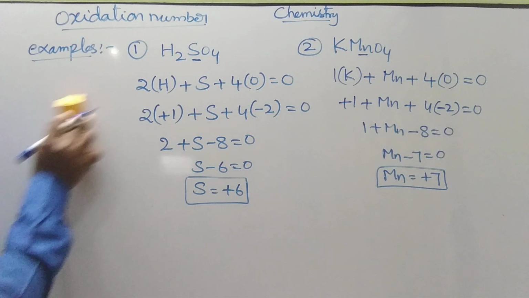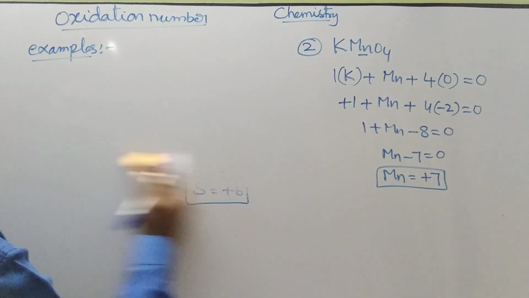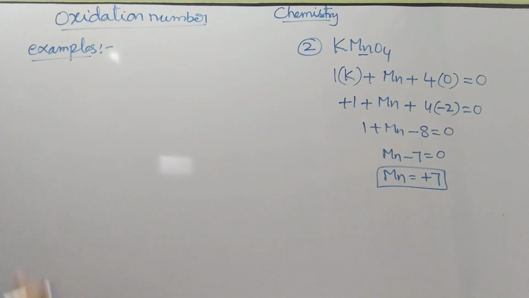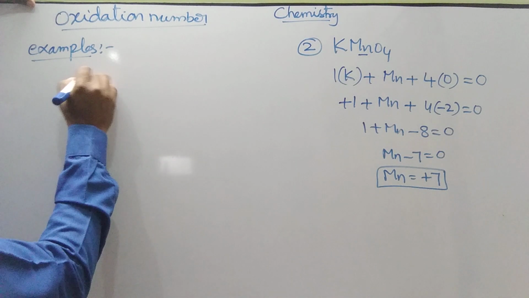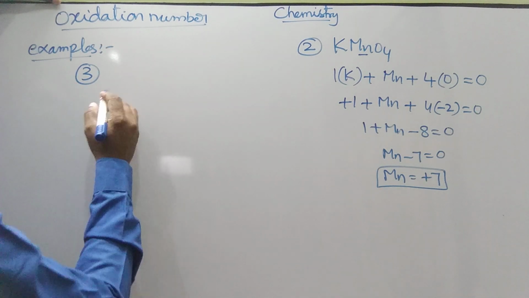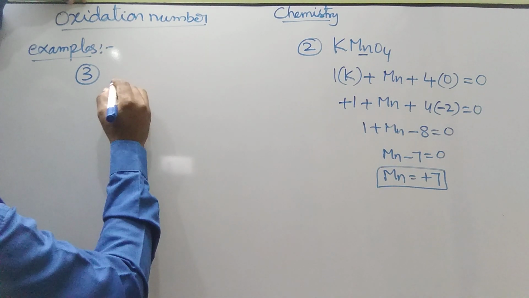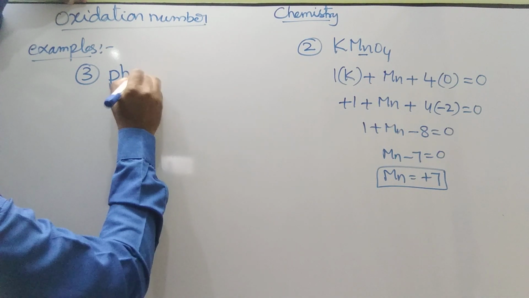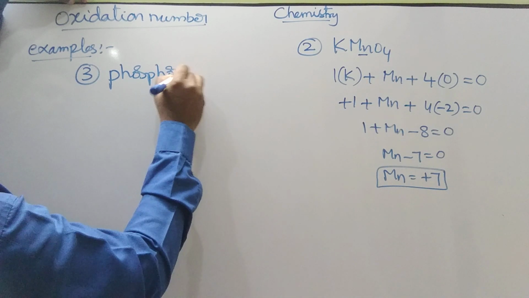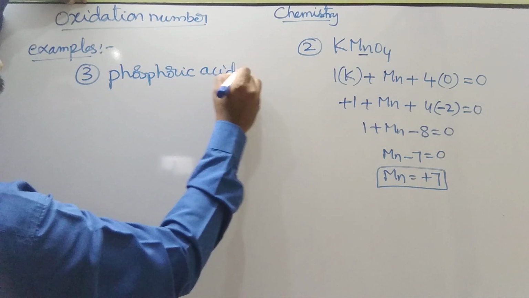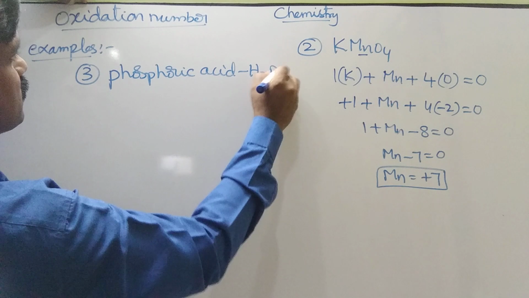Look at one more example. Phosphoric acid. Phosphoric acid formula is H3PO4.